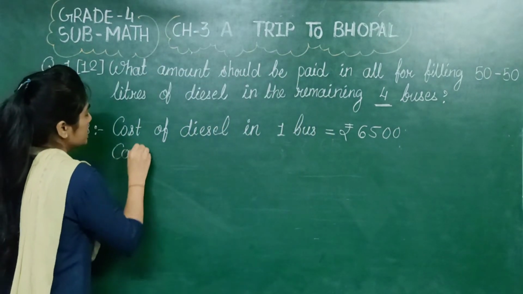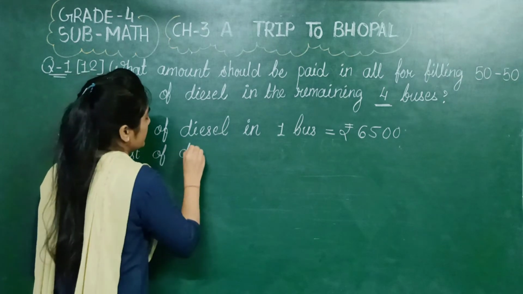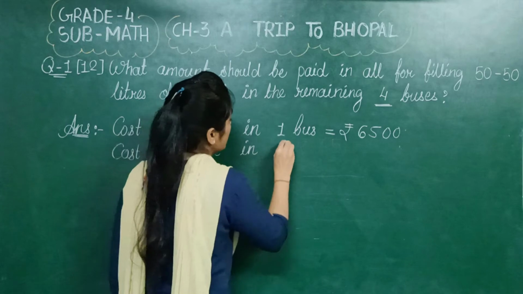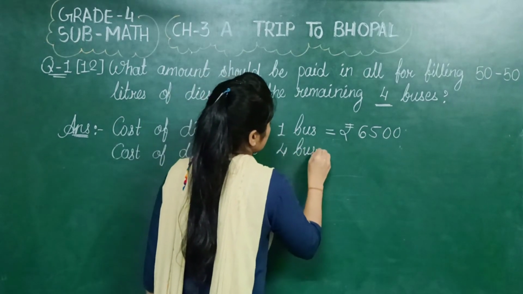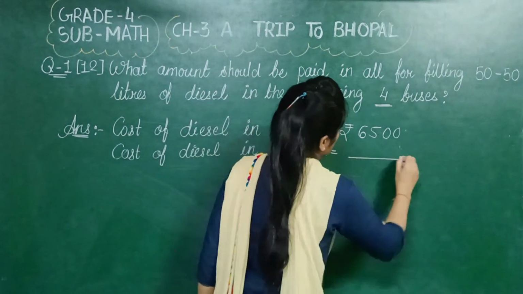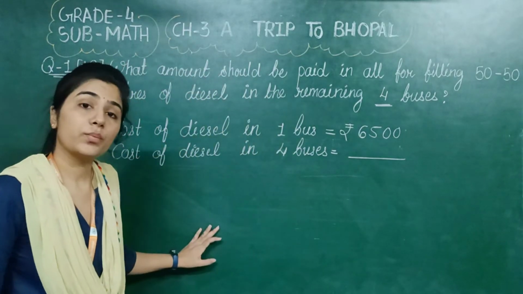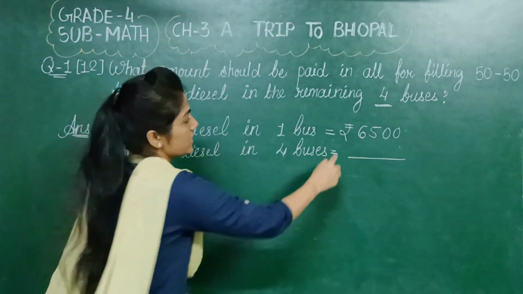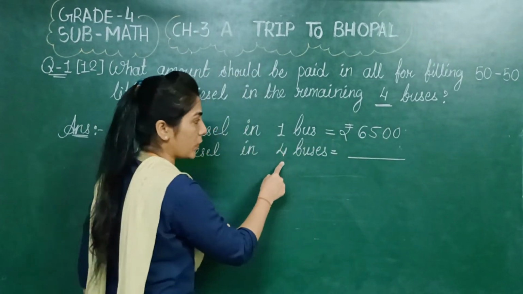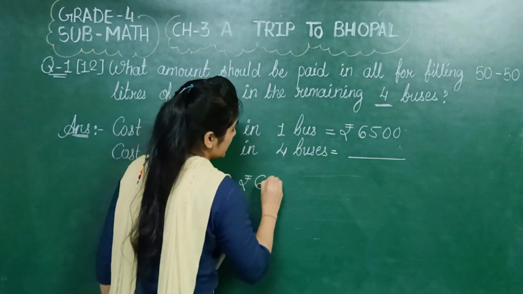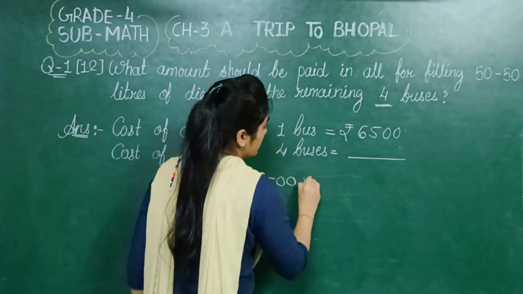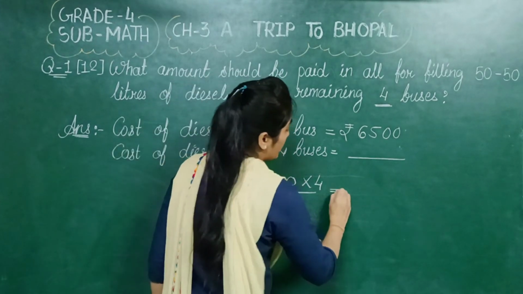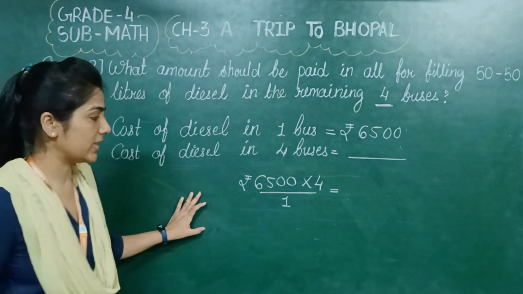So cost of diesel in the remaining 4 buses, that we need to find, right? So what can we do here? We can do cross multiplication of this 6500 with this 4. So rupees 6500 multiplied by 4 upon 1. We can do the multiplication directly.